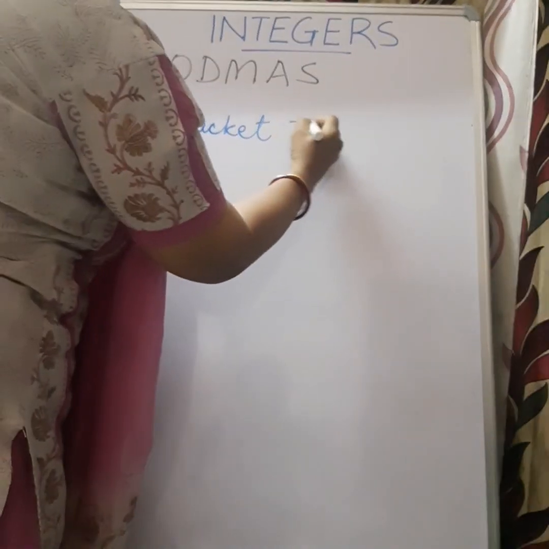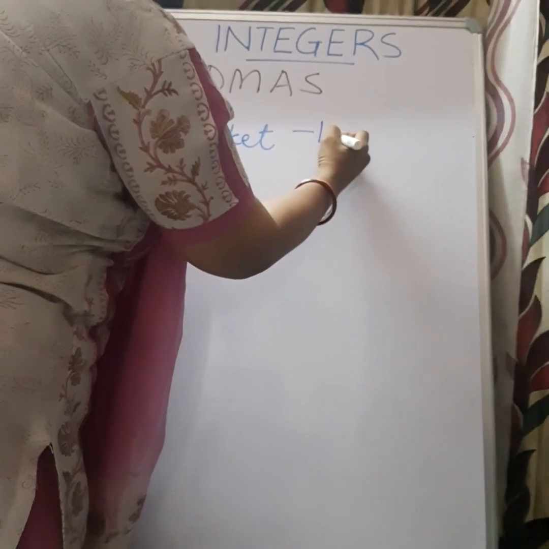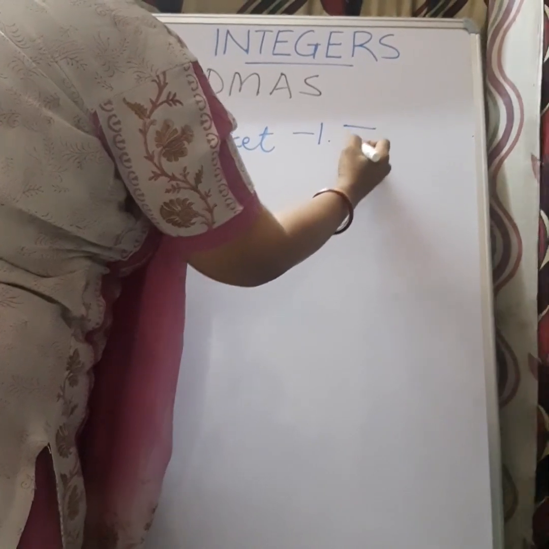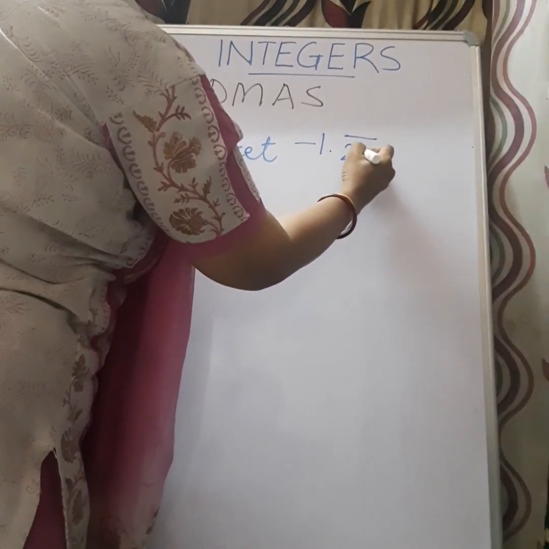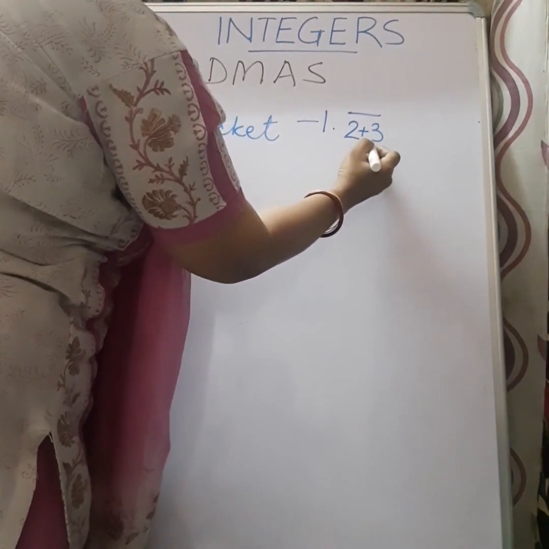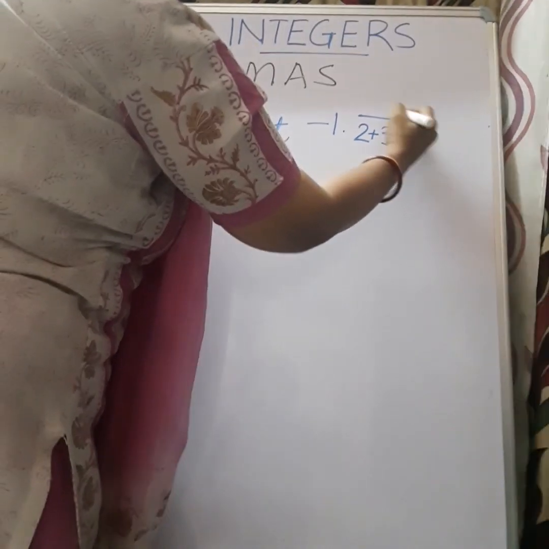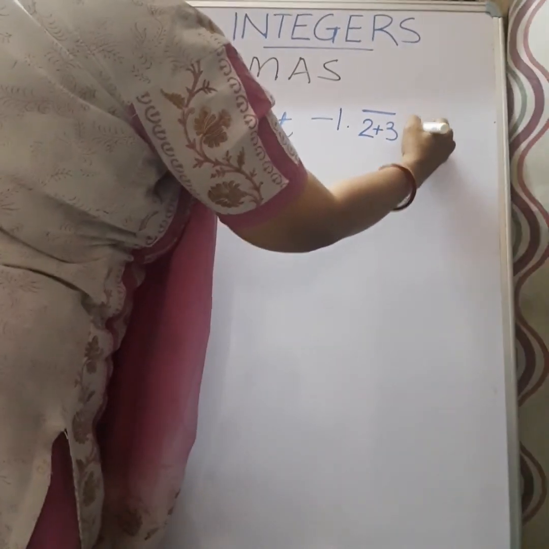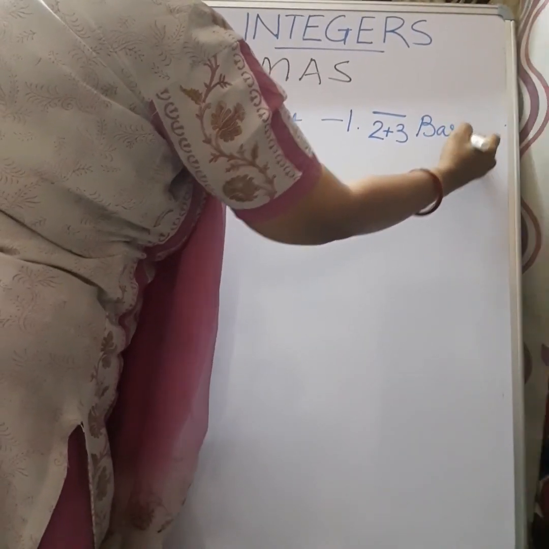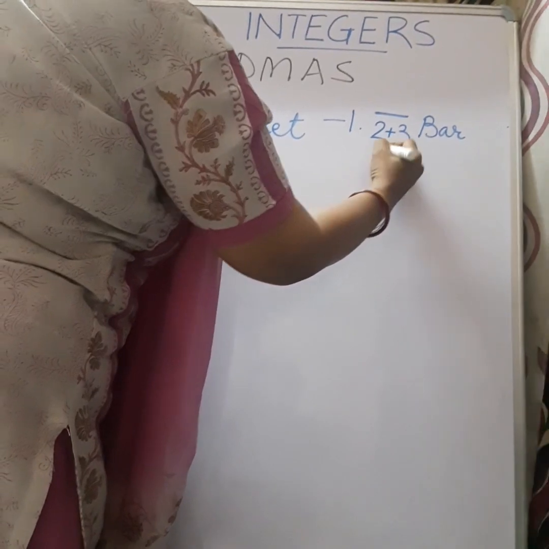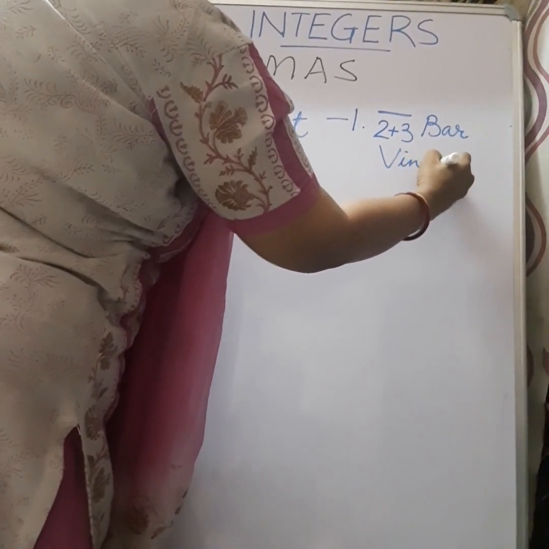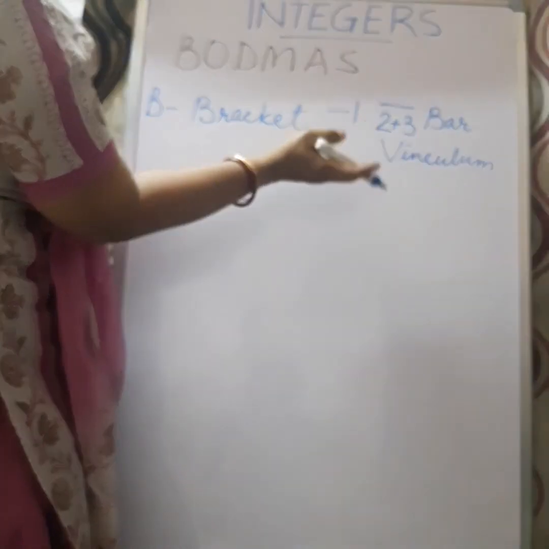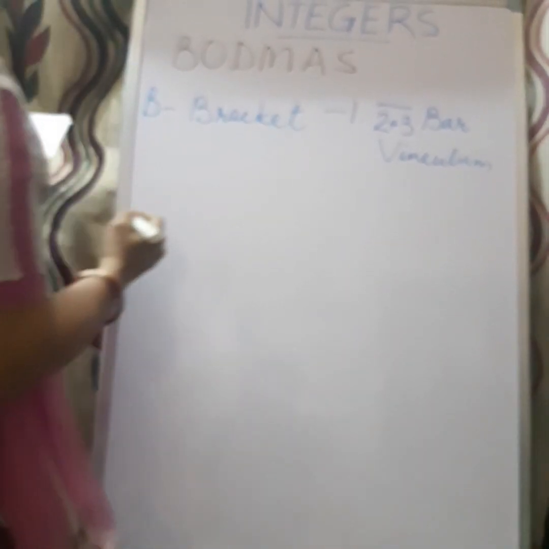So the first bracket is the bar bracket. If there is a sign like this, we have to solve this first. It is known as bar bracket or vinculum. Whenever we have a sign like this, we have to solve that number first.